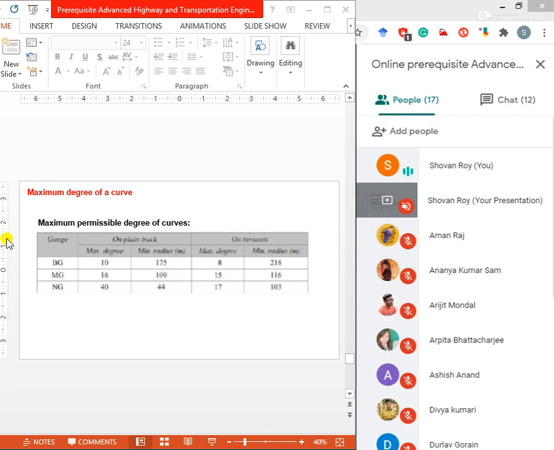These values are needed to judge your numerical problems.